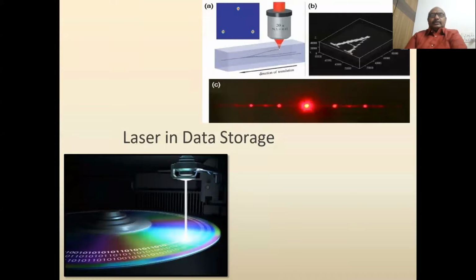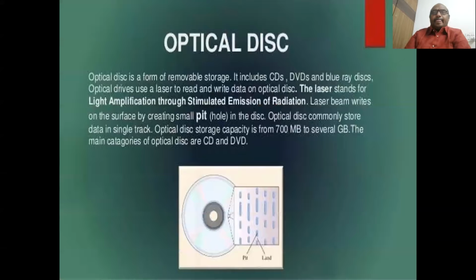Lasers in data storage in CD-ROMs, and lasers are used in diffraction phenomena and optical discs. The optical disc is a form of removable storage. It includes CDs, DVDs, and Blu-ray discs. Optical devices use a laser to read and write data on the optical discs.